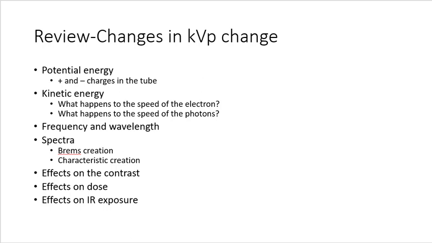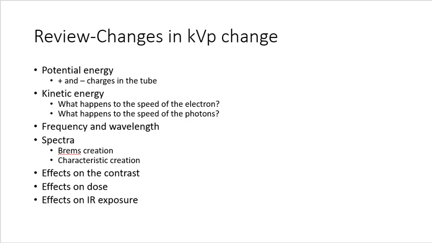A 100 kVp photon is going to be shorter wavelength. So the 100 kVp is going to have a higher frequency because you can fit more of those waves into a given space than what you can with 50 kVp. So the 50 kVp is going to be of lower frequency.